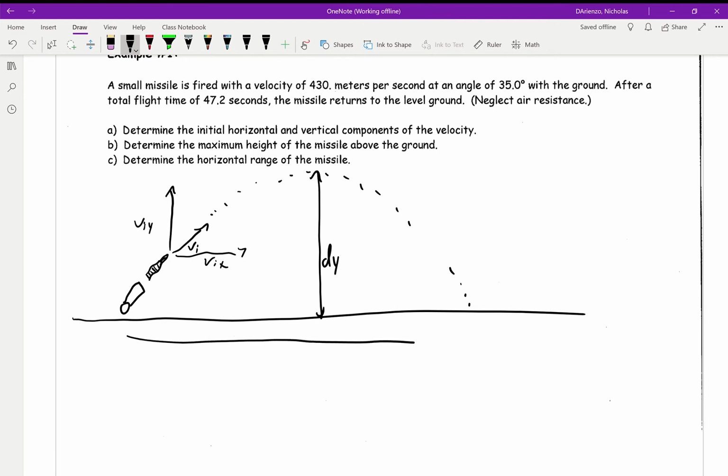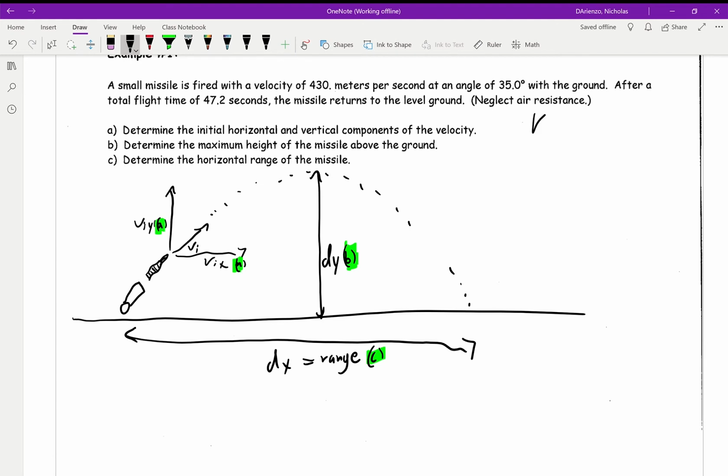We have the distance in our x, which is also called the range. This will be our question C. Maximum height of the missile here, d of y, is going to be our b. And we can determine the horizontal and vertical components, which will be A. Now these are the few things we're going to solve for.